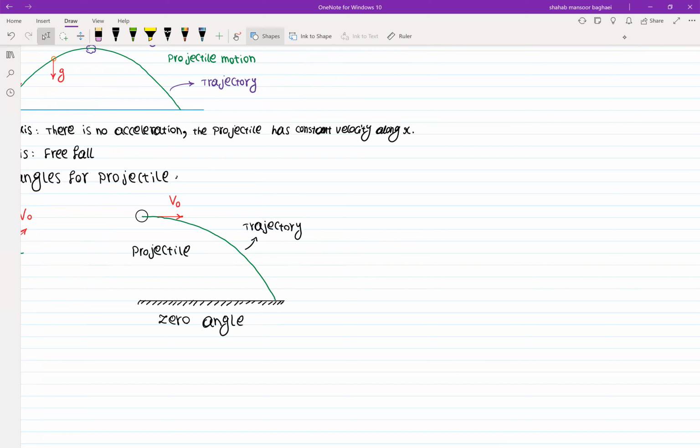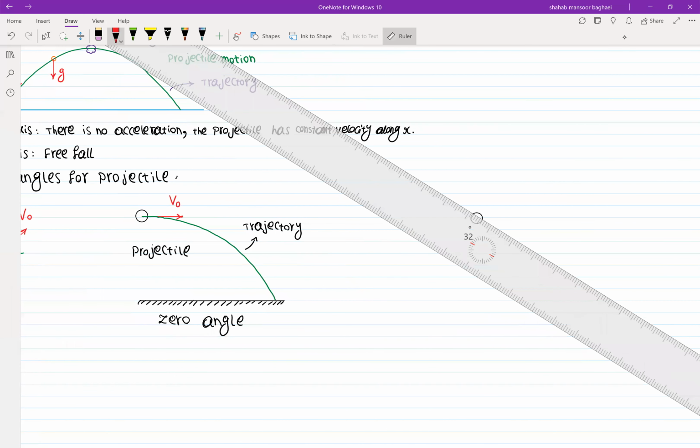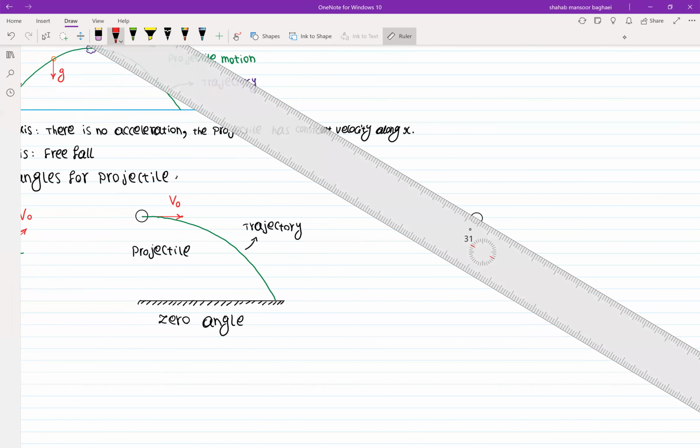Look at this figure. You have initial velocity, but the angle is something like that. Therefore, you have negative angle.